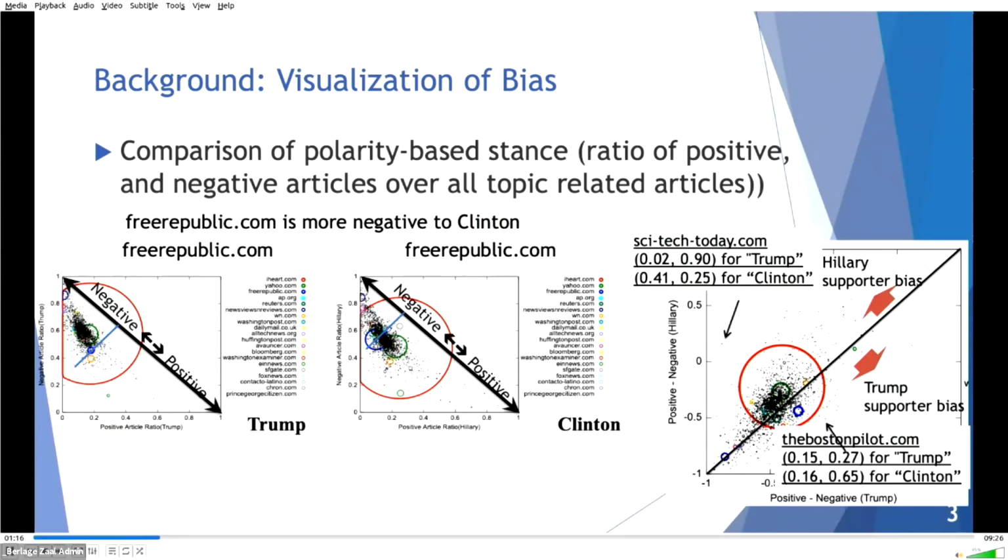We applied this method to the US presidential election 2016 to compare the stance toward Trump and Clinton. For example, freerepublic.com contains more negative articles for Clinton. We can confirm the existence of the bias using this simple framework.